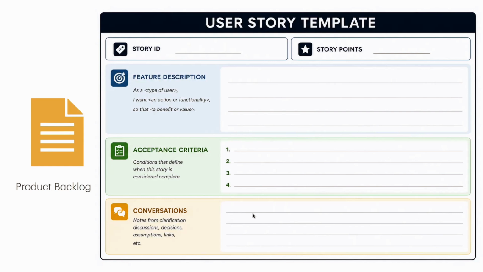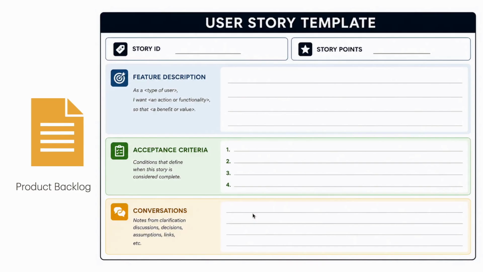And then there is a section for conversations. That means during the sprint planning meeting, and even after the sprint planning meeting, people will be asking many questions about that particular feature, and answers also will be provided. Everything must be captured as conversations because the person who asked that question or answered that question may not be the person who is going to develop it.